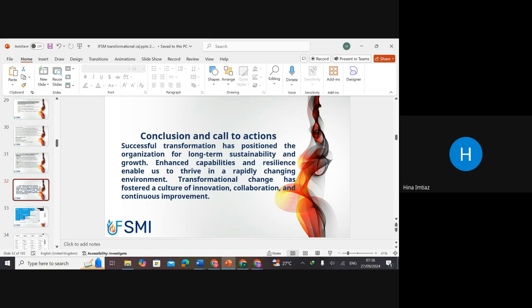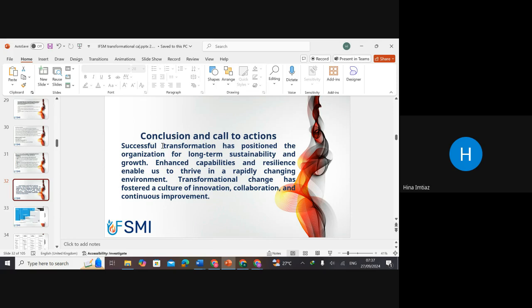We have to bring such change because we want to improve our environment. We want to improve the environment for the next generation. We have to promote sustainability. So it's time to do something. And it's a call to action to each and every individual of this planet, to each and every manufacturing industry, to do something for the environment.